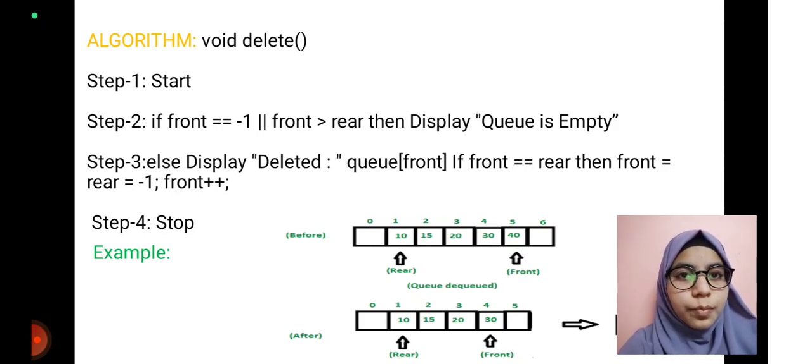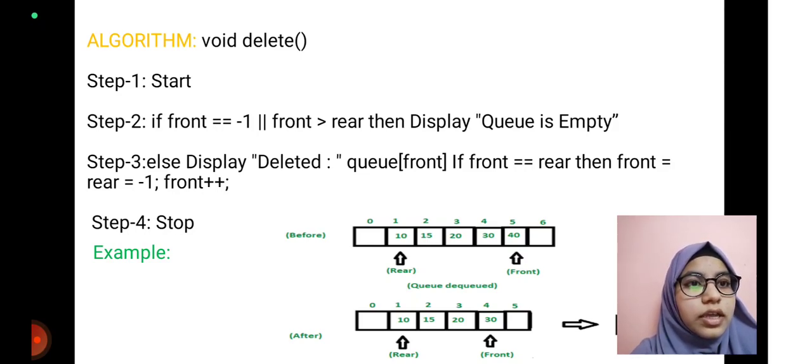Step 4, stop. Example for deleting the element: as we know, deletion is performed at front position, so the element 40 at front is deleted or dequeued, and we get the list as this.